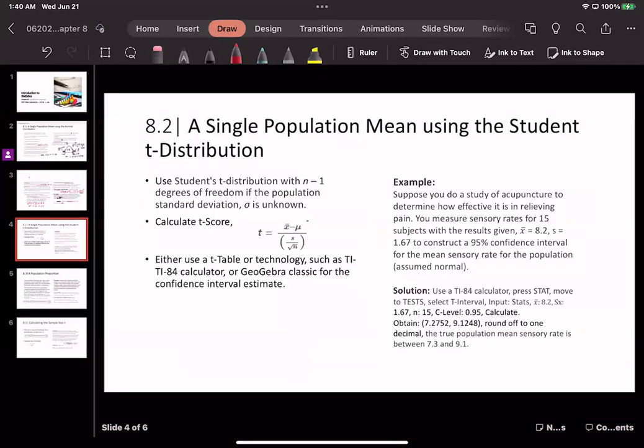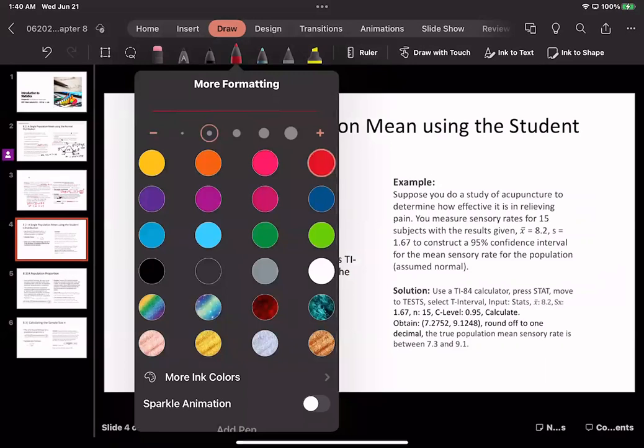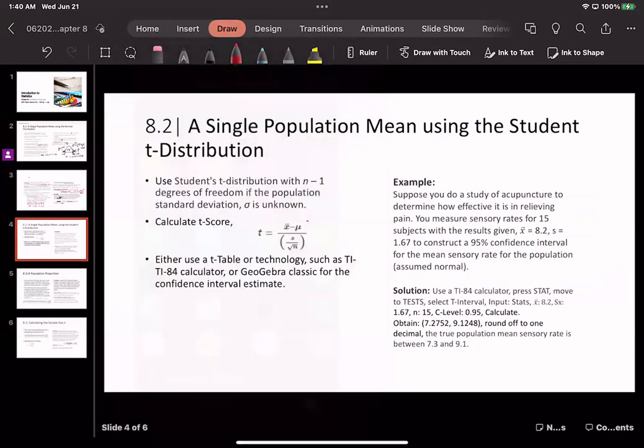Next section, 8.2, a single population mean using the student t-distribution. When the population standard deviation sigma is unknown, we need to use the student's t-distribution. Calculate the t-score.